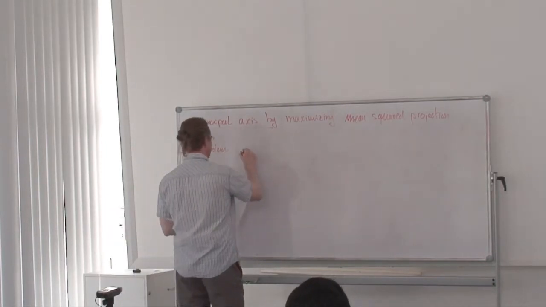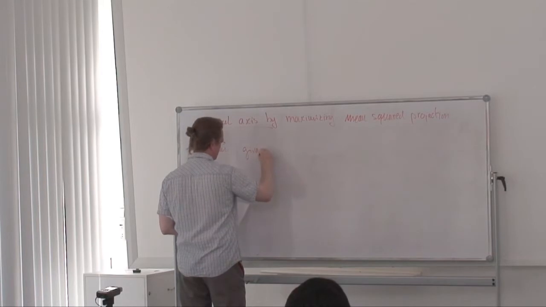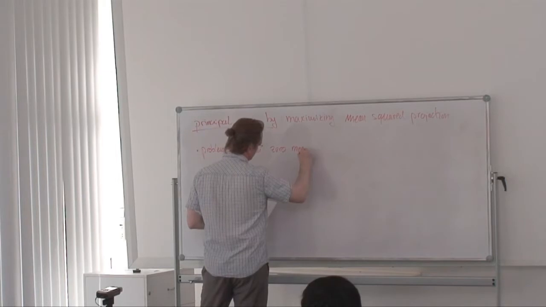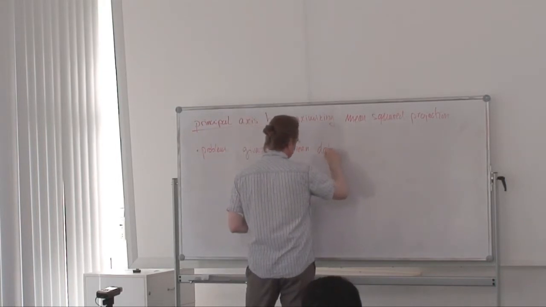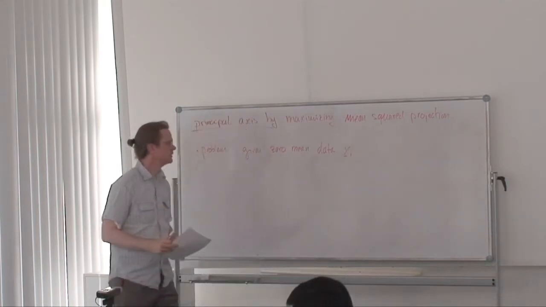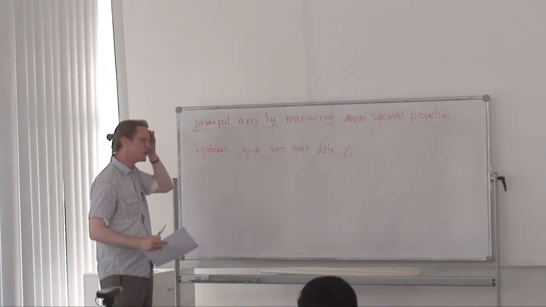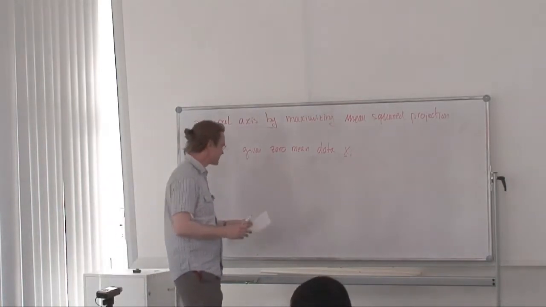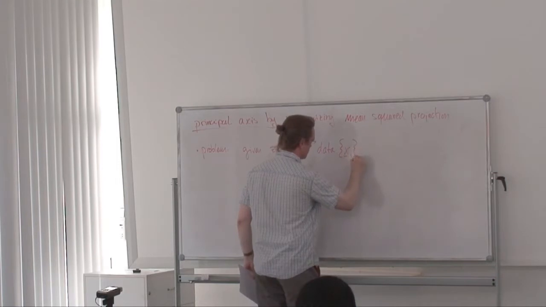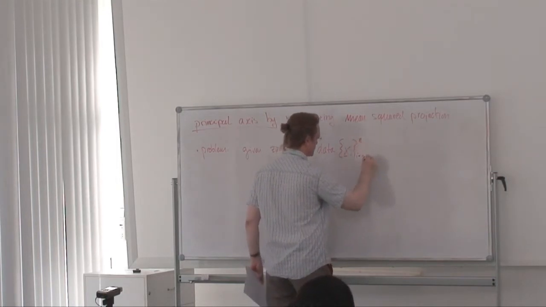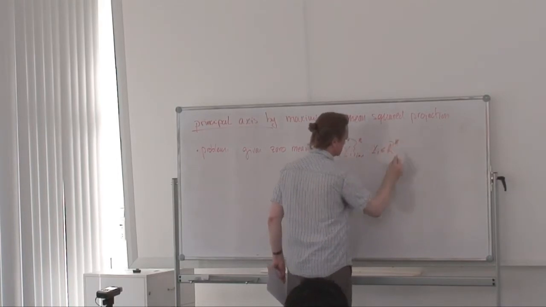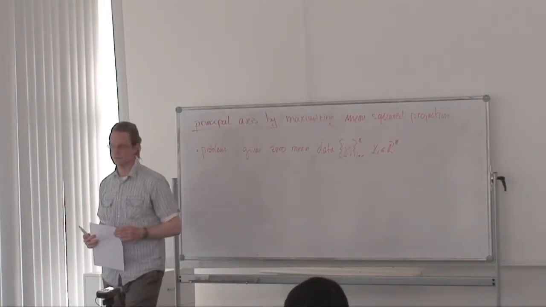We are given a zero mean data x_i. And this is my way of saying we are given a collection of data where i ranges from 1 up to some n, and each of these x_i is some m-dimensional vector.